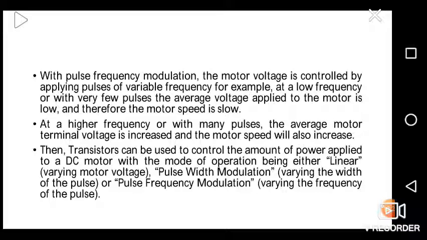At a higher frequency with many pulses, the average motor terminal voltage is increased and the motor speed will also increase. And transistors can be used to control the amount of power applied to the DC motor, with the mode of operation being either linear, pulse width modulation, or pulse frequency modulation.